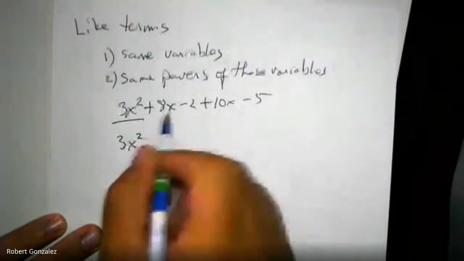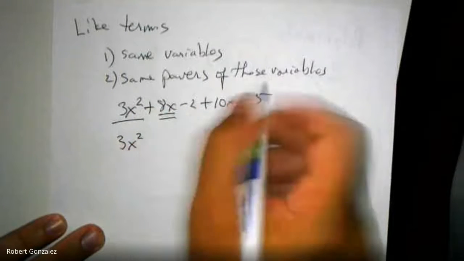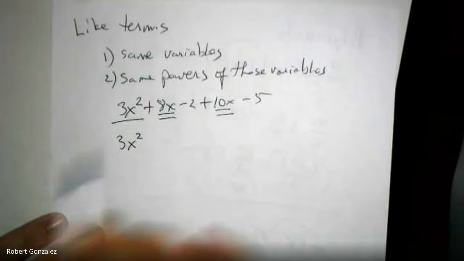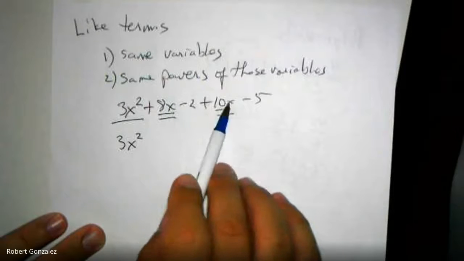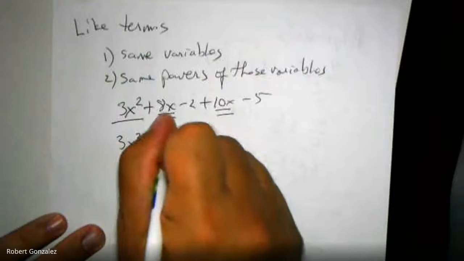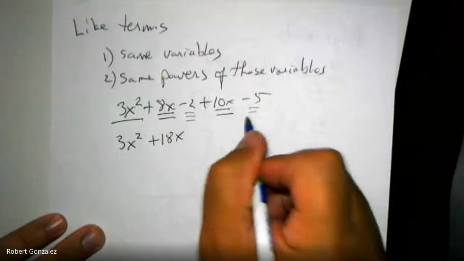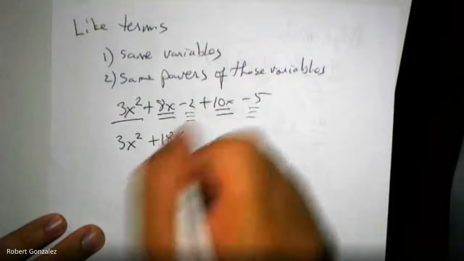The next highest after the second degree term is the first degree term, and I'm going to double underline those. And I'm going to combine them. Positive 8x, positive 10x. When I add them up, I get positive 18x. Finally, I've got my numbers left. I got my constants, negative 2, negative 5, gives me negative 7.